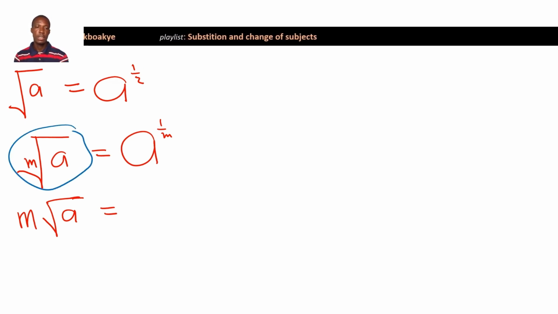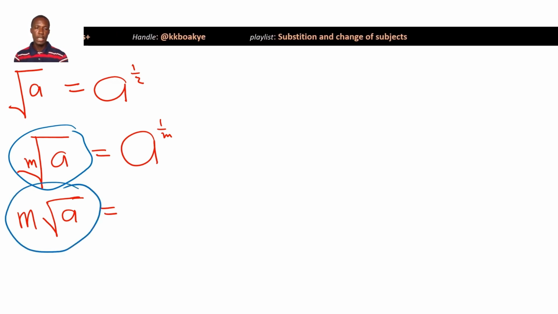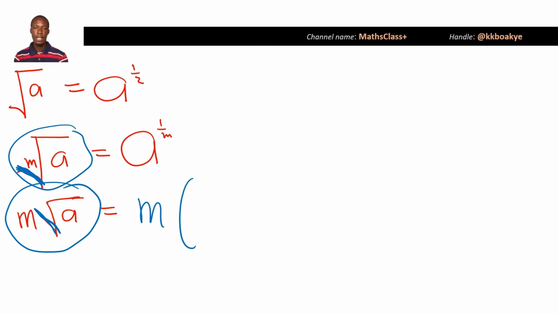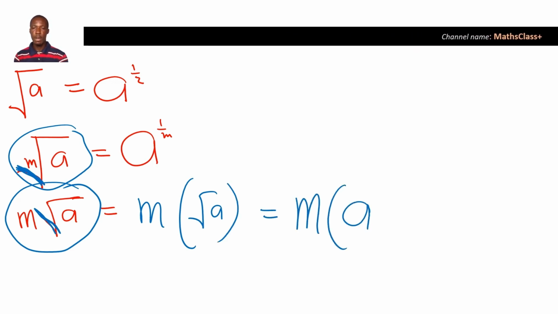This one is different from this one. If you look at it, for the first one, m is inside the corner here. But when you look at the second one, m is outside the corner. What the second one means is m is multiplying the root of a, and that means m times a to the power half. So you take note of this.